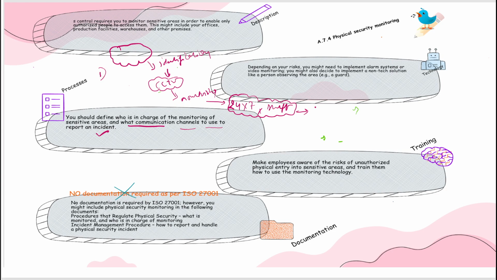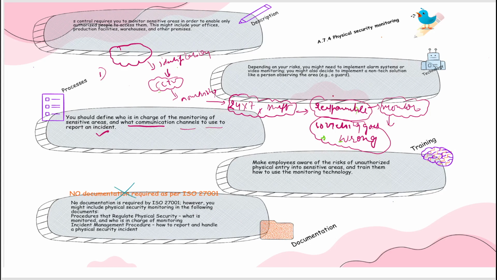So who is authorized, who is responsible to monitor this on a day-to-day basis? And once they monitor, are they trained? For example, if something goes wrong, what communication channel does this responsible person have to use in this condition?